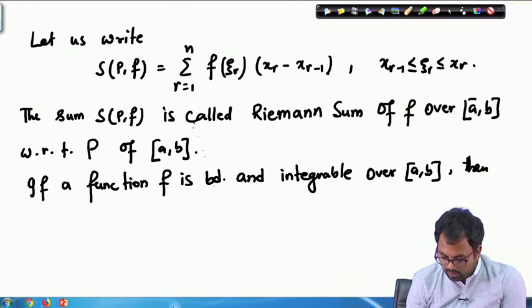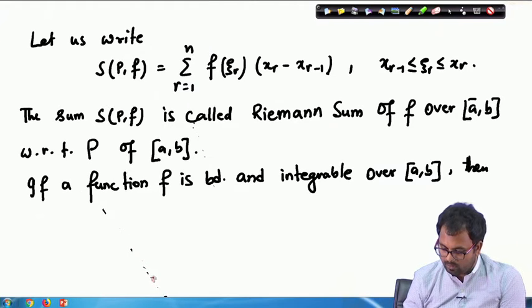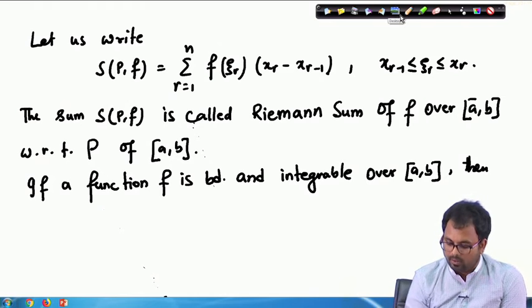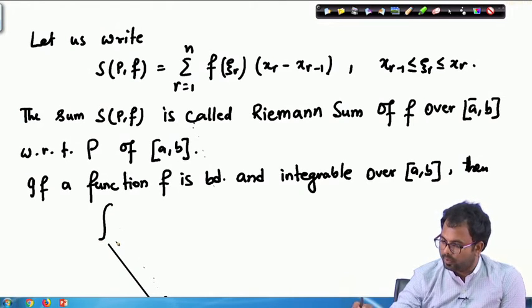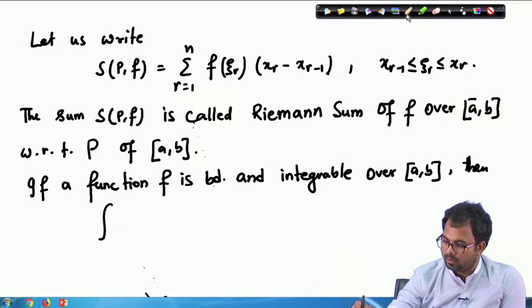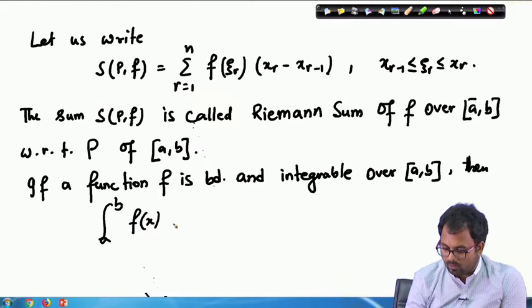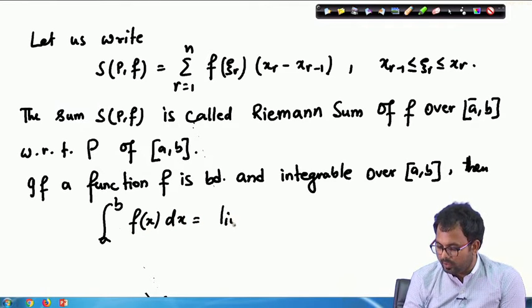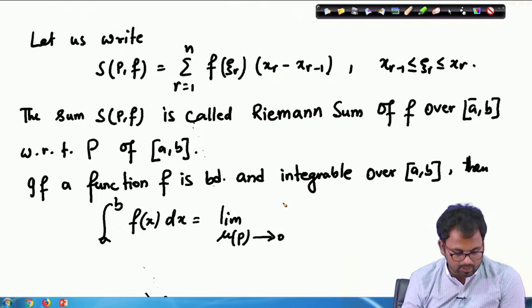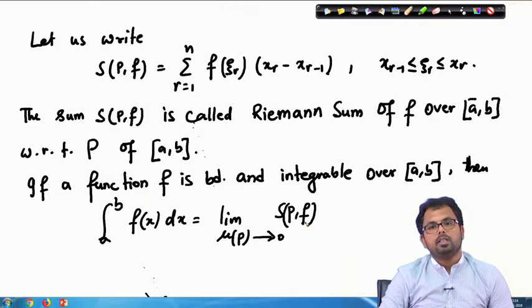what we have is the integral from a to b, I beg your pardon, f(x) dx, is basically the limit as mu p, or the norm of p, goes to 0, of the Riemann sum S(P, f), which is actually the value of that definite integral.